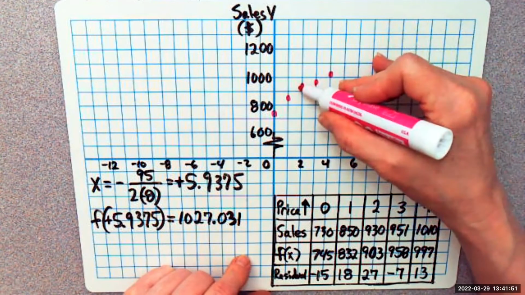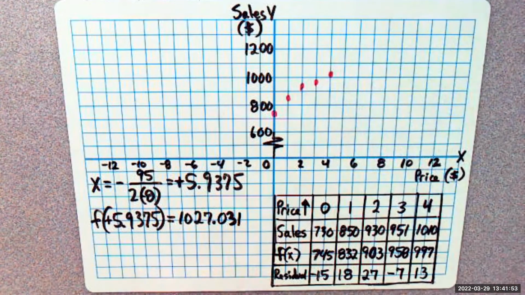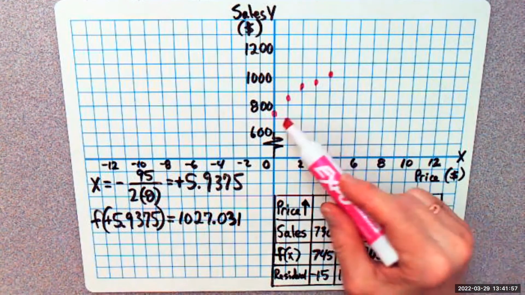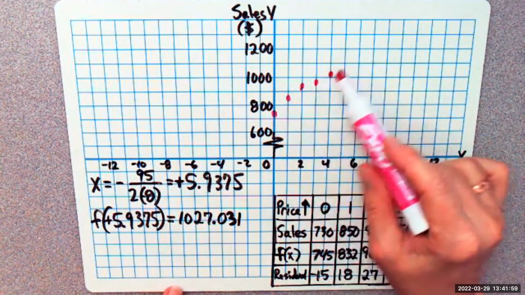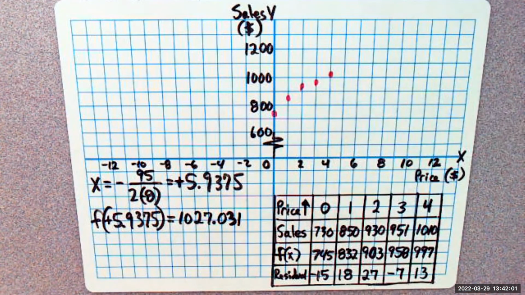So we can see it's a little curved, but it is modeling. Could it be modeled by a line, or could it be modeled by a parabola? If we assume that it is a parabola, let's take a look at the equation we have here.